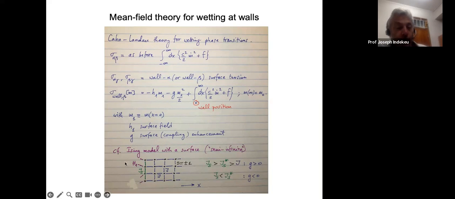In this case, just forcing the sign of the surface spin to be the same as the sign of the surface field, unless the couplings would try to prevent that, because it's of course very well possible that we choose couplings that are anti-ferromagnetic, which we will not do here.